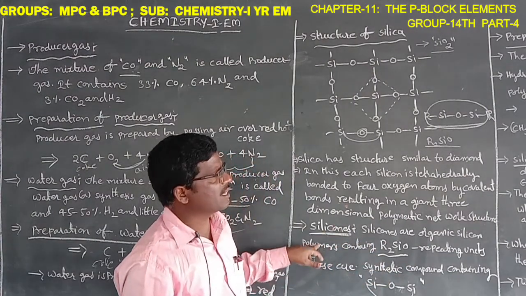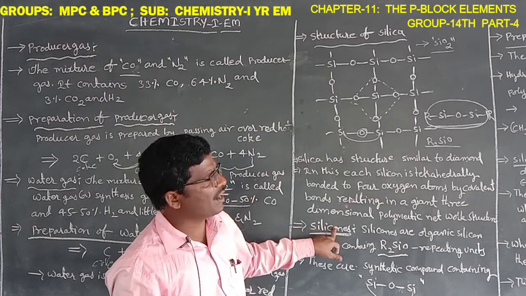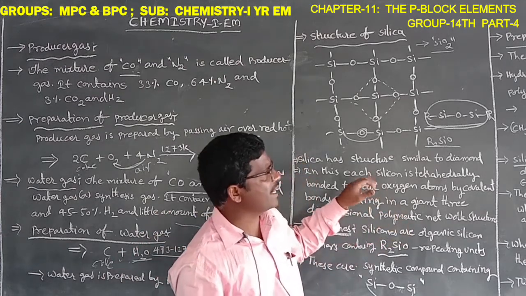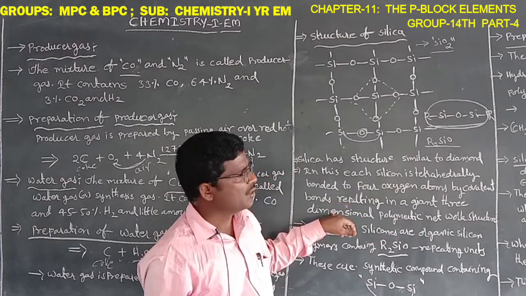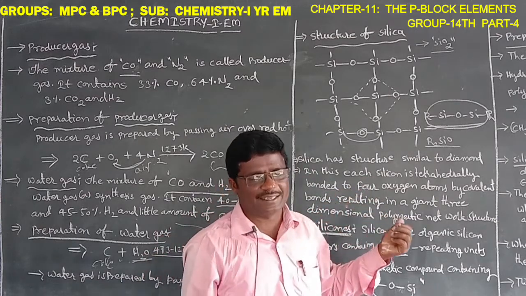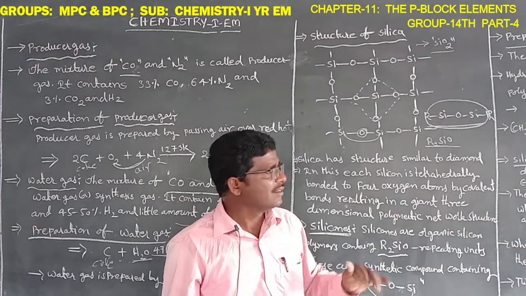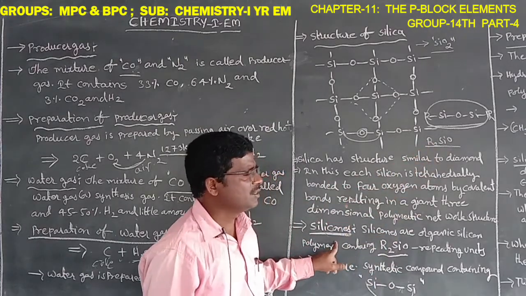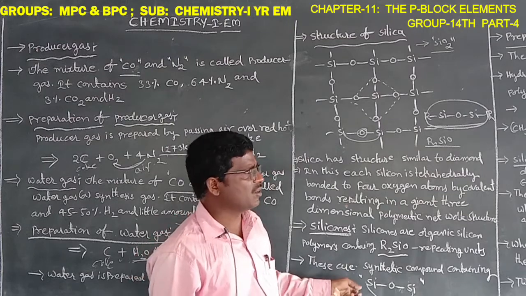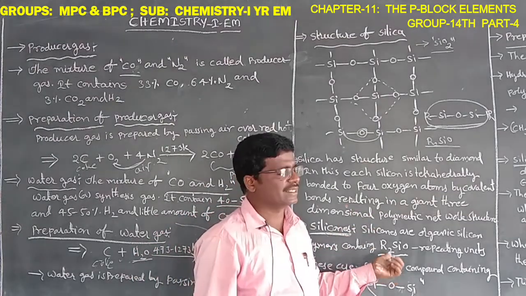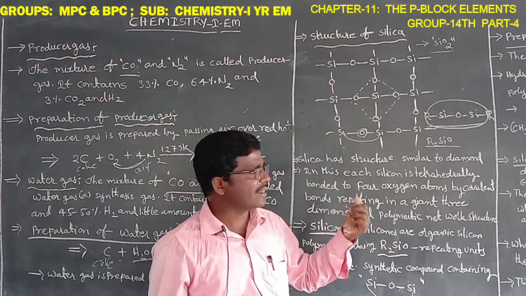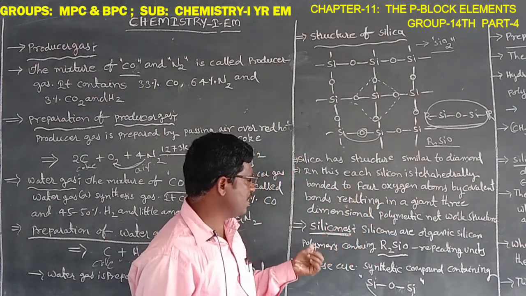Here is the preparation of silicones. They are formed by the hydrolysis of chlorosilanes, such as chloromethylsilane treated with silicon to form dichlorodimethylsilane. When it undergoes hydrolysis, it forms silicone.